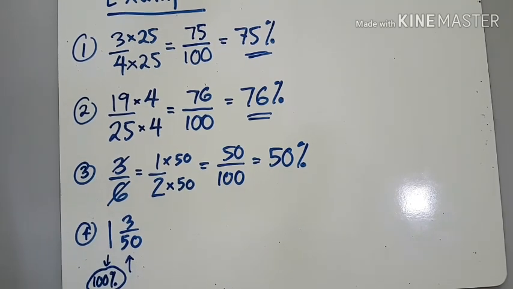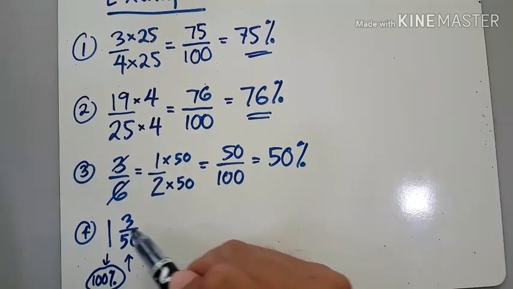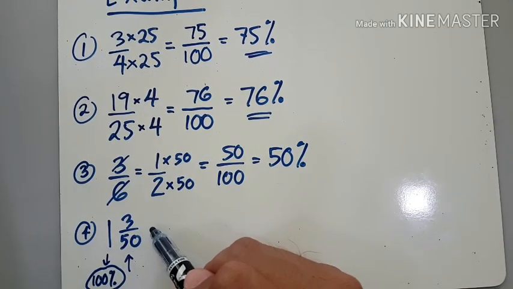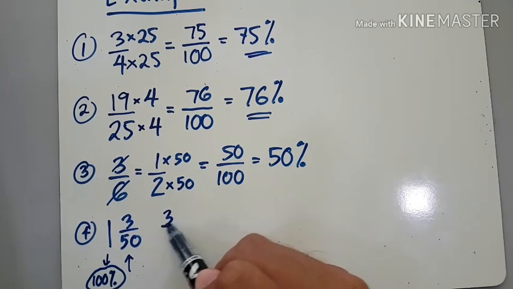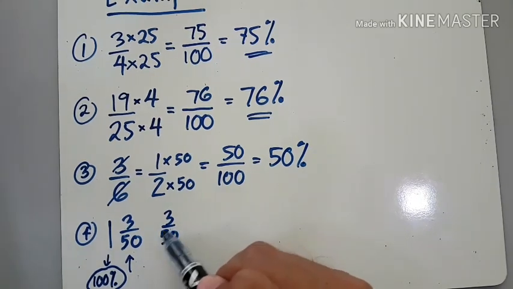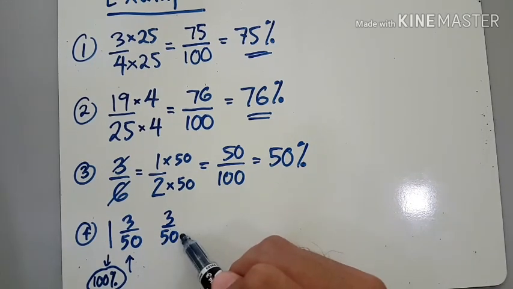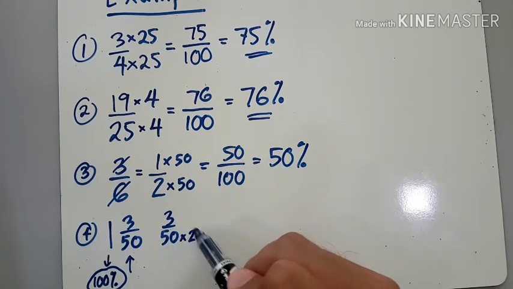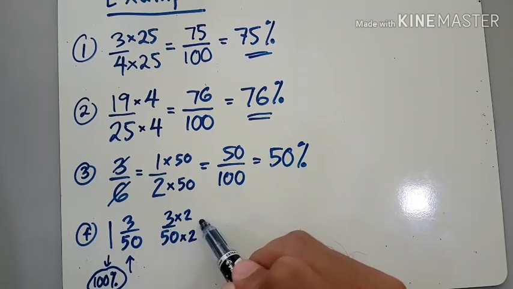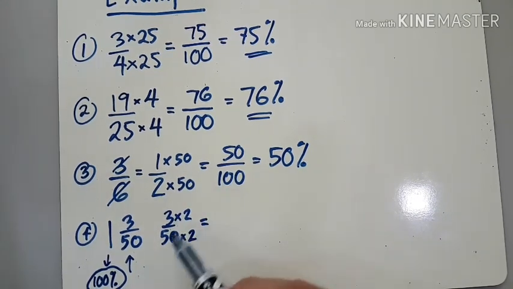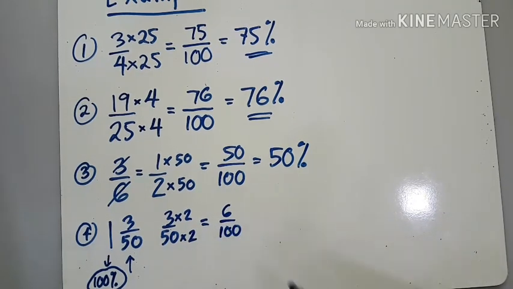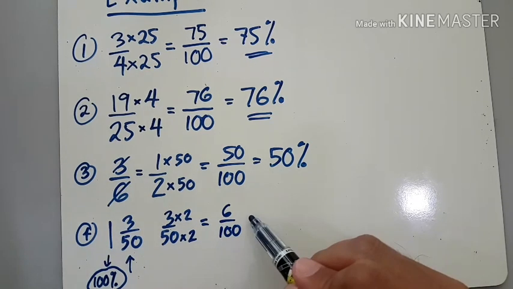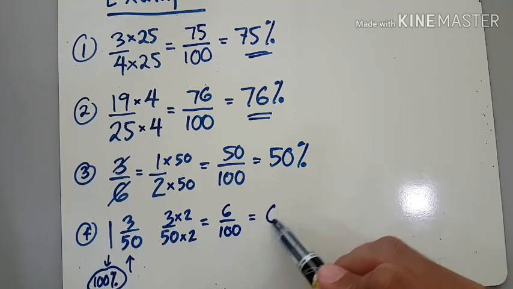So 3 on 50, we need to focus on this one. So 50, to change it to 100, we need to multiply by 2. So from this, it's 6 on 100. And 6 on 100 is equal to 6%.